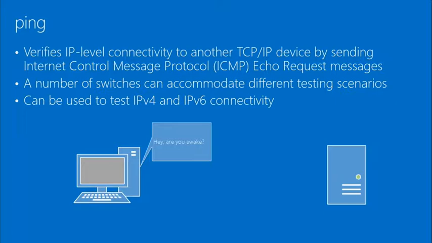That's what I do. So basically you have the first device saying, hey, are you awake? The second one, yes, I am. And basically that's all there is to ping. Ping actually stands for Packet Internet Groper. It actually means something. It can be used to test IPv4 and IPv6 connectivity.